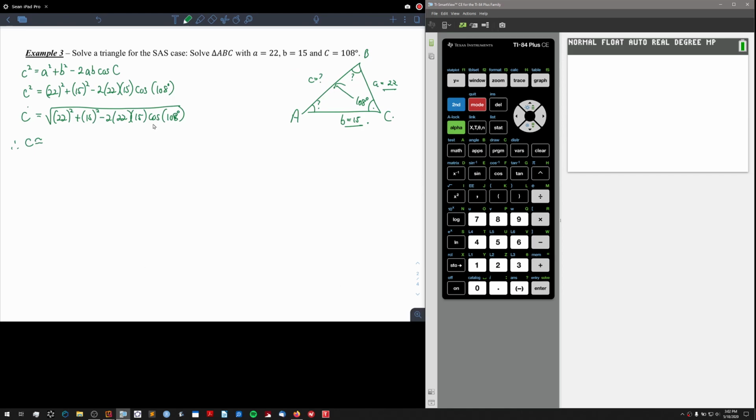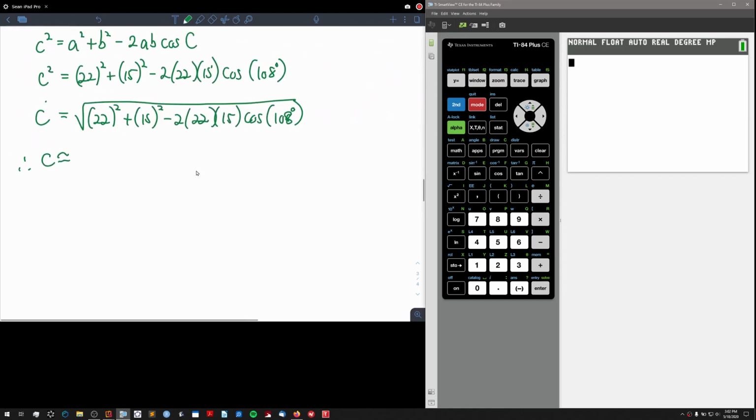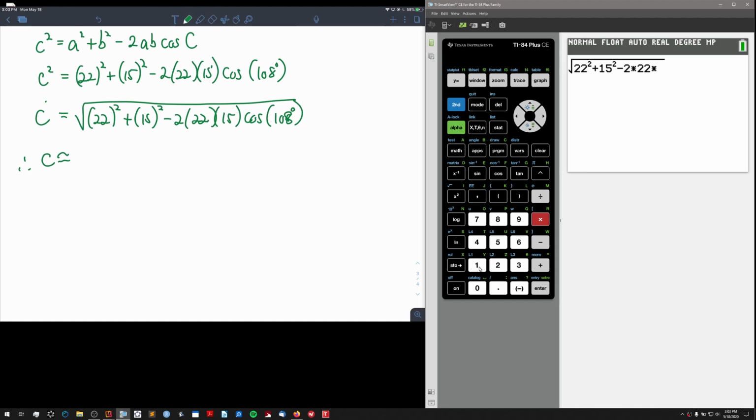Okay, so let's attempt to type this whole thing in our calculator over here. So let's do second root, and then let's do, you don't have parentheses for this really, 22 squared plus 15 squared minus 2 times 22 times 15 times cosine of 108.